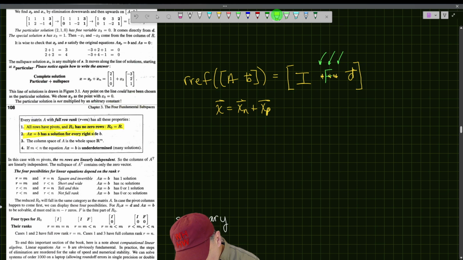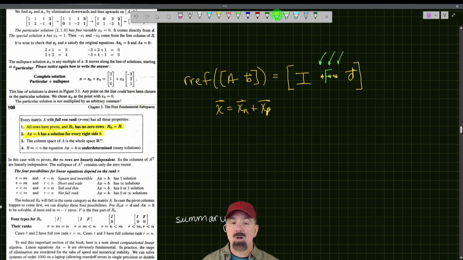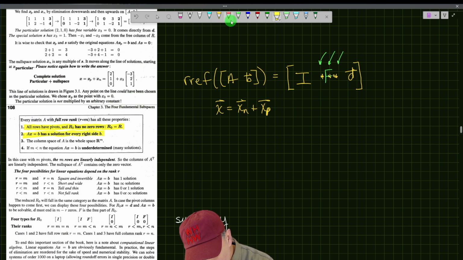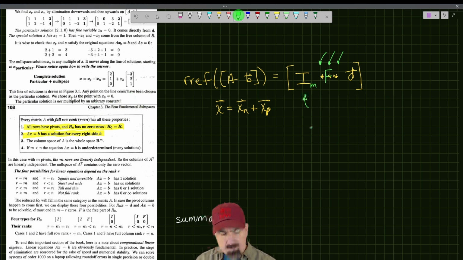Ax equals b has a solution for every right-hand side vector. We already talked about that, because the identity matrix is in here, and let me give it the right size. This is I_m. That matrix means that the first m columns of A are a basis for the space R^m.